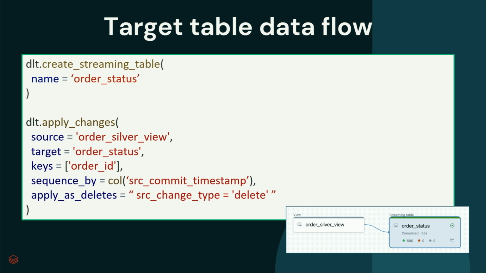If it's not newer, that's the condition where it'll just reject that row, drop it, ignore it. That guarantees that the output of apply changes is always the latest, most accurate version of that record, and it's never going to update newer data with an older value.